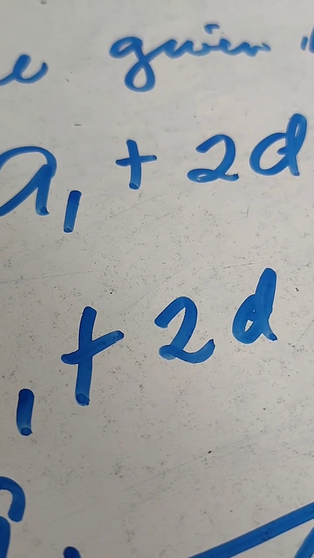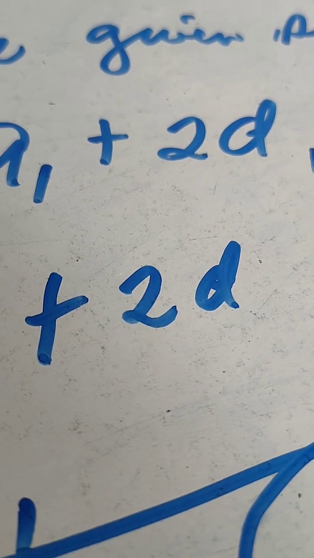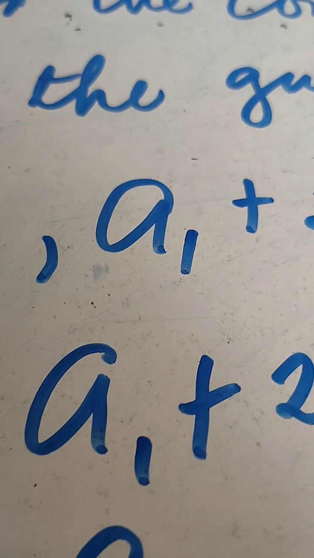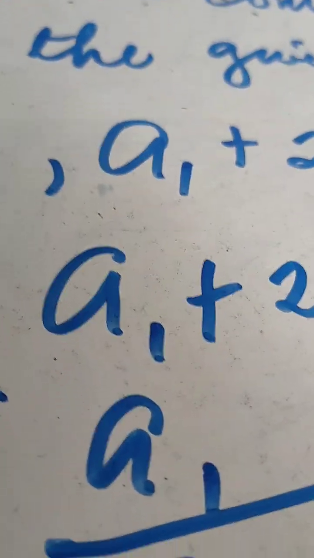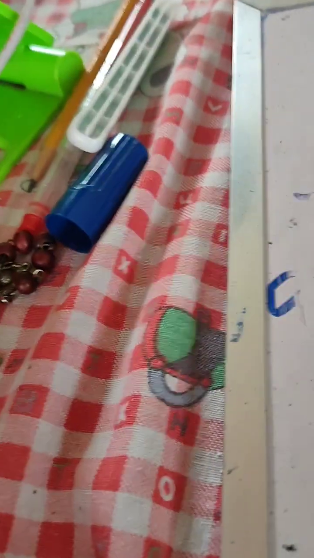Okay, so we have the geometric sequence. We are asked to find the first three terms of the geometric sequence.